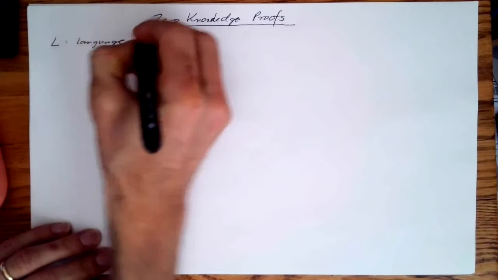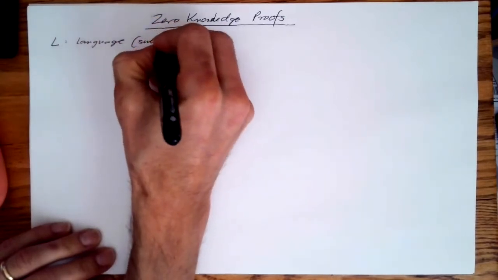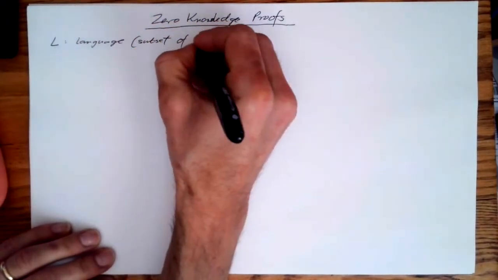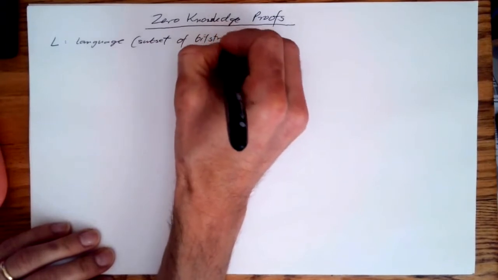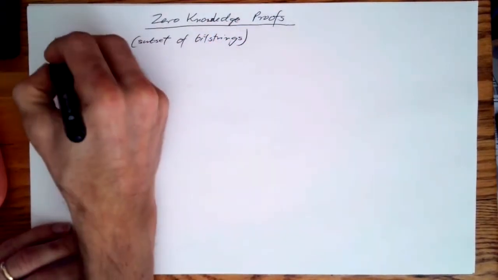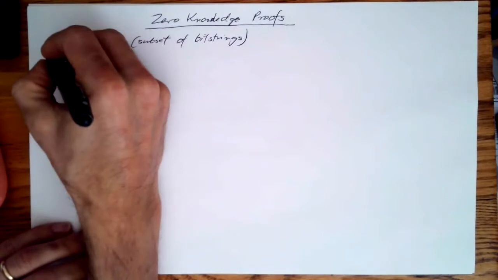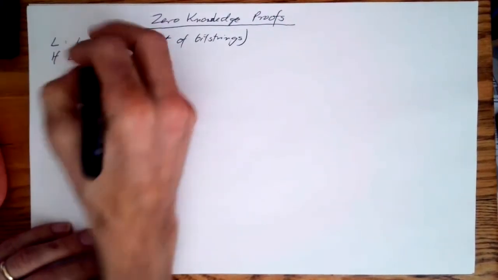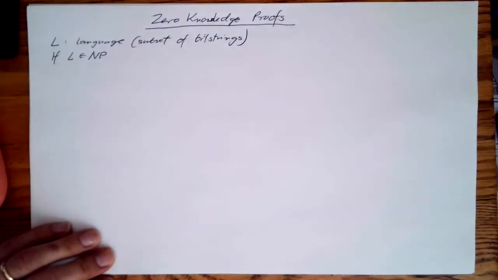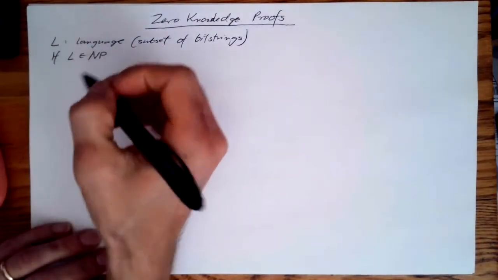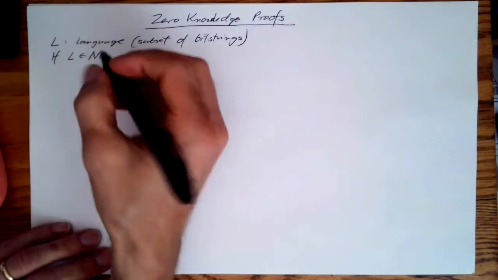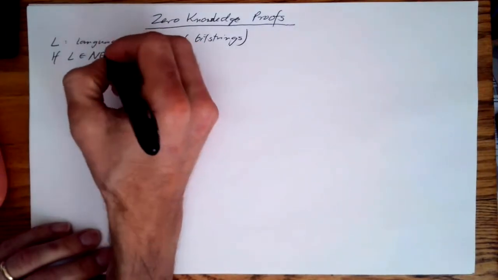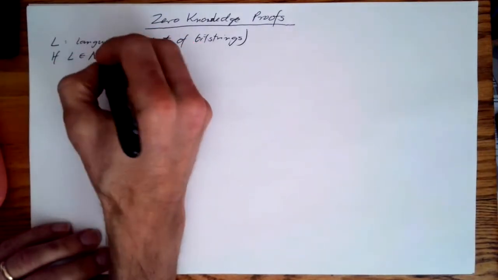So it's a subset of bit strings. And if L is in NP, so it is solvable in non-deterministic polynomial time, as most problems in computing are. So this class includes efficient algorithms as well, right? And probabilistic algorithms as well.